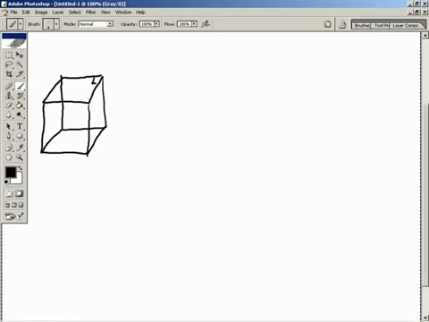Like the box example, all of the angles are 90 degrees. And unlike the box example, all the sides are the same length. We'll call it S. So side length equals S.